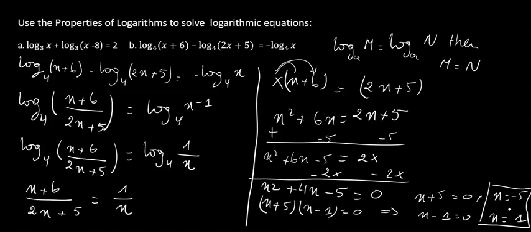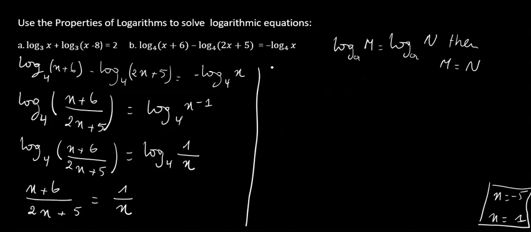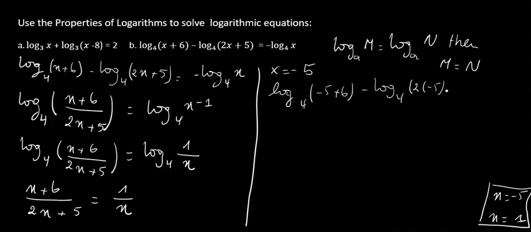I have to check if these solutions verify the equation, which means I have to replace x equal to minus 5 in the equation and x equal to 1 in the equation. x equal to minus 5: log base 4 of minus 5 plus 6 minus log base 4 of 2 times minus 5 plus 5, is it equal to minus log base 4 of minus 5?